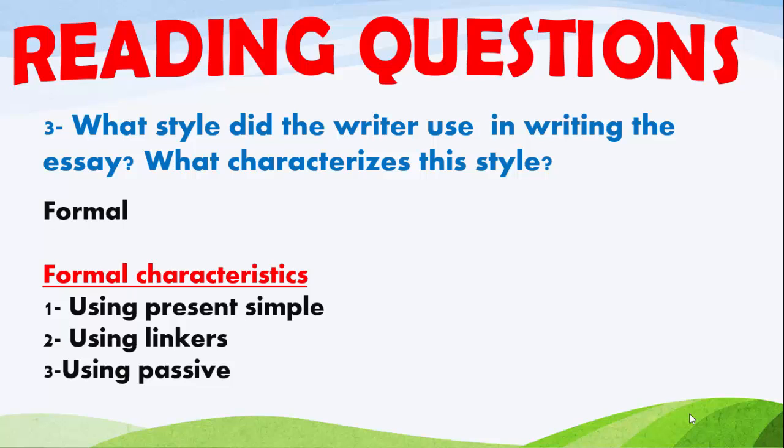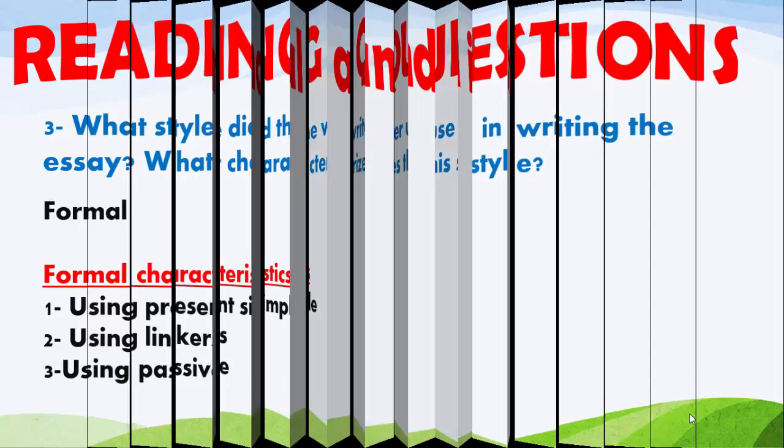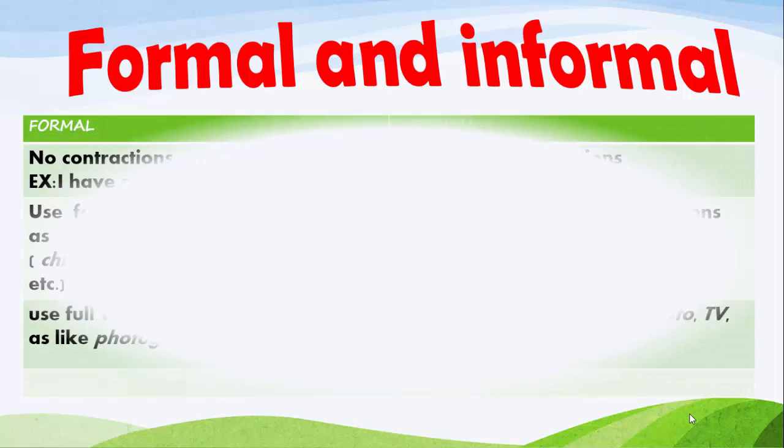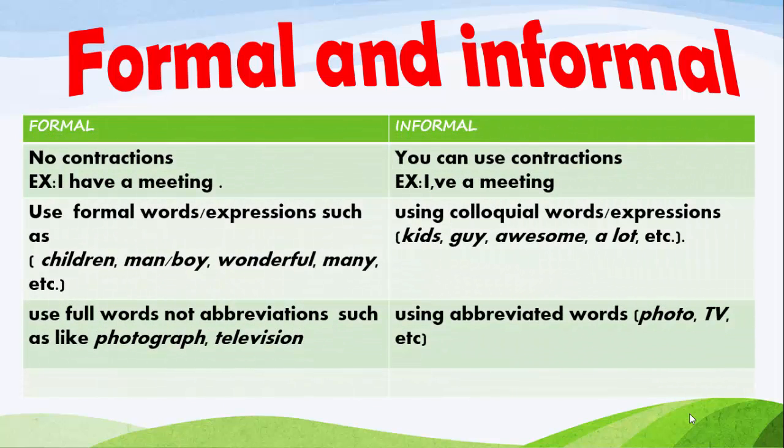When it comes to the formal style, we have to know the difference between formal and informal. In language, this is called register. And here in this chart you can understand the difference between formal and informal.